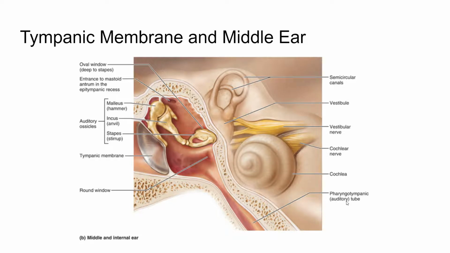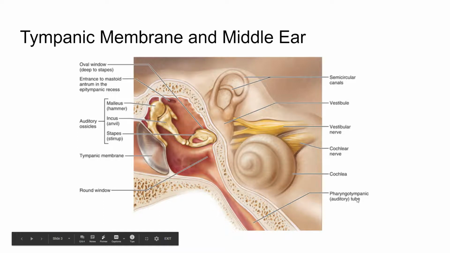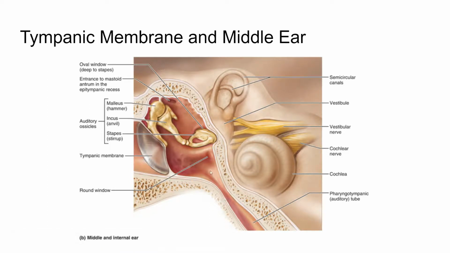I grew up calling this the eustachian tube or eustachian canals, but now it has a new name, the pharyngotympanic tube. Pharyngo, or pharynx, is the throat, or where the nose and the throat meet, and the tympanic obviously is the tympanic membrane. If you have an ear infection, this is typically what's going on. This is inflamed. It closes this up, and it causes this middle ear to fill with fluid, which is painful because it is really small.